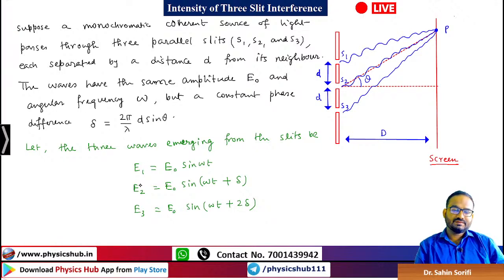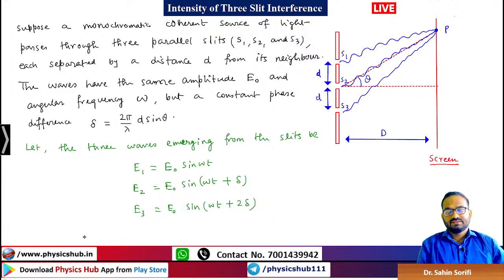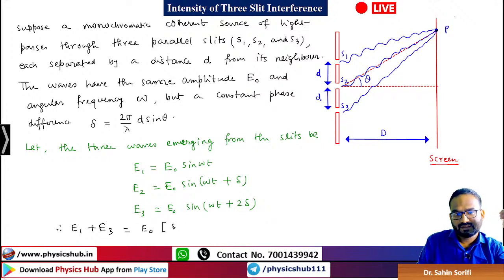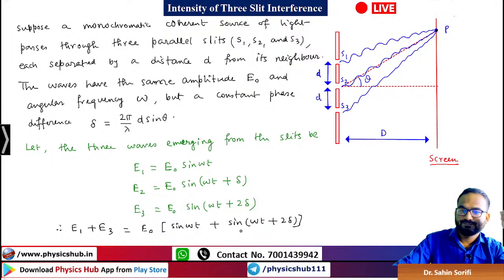First of all, to calculate E1 plus E2 plus E3, let's first calculate the combination of E1 and E3, then we will add it to E2 to get the resultant electric field at point P. So E1 plus E3 is equal to E0 multiplied by sin omega t plus sin of omega t plus 2 delta. Can I write it?